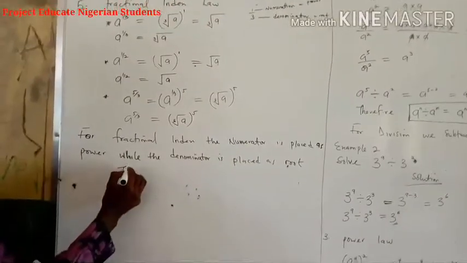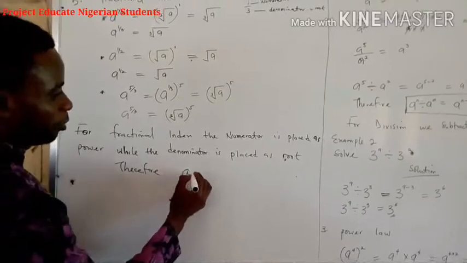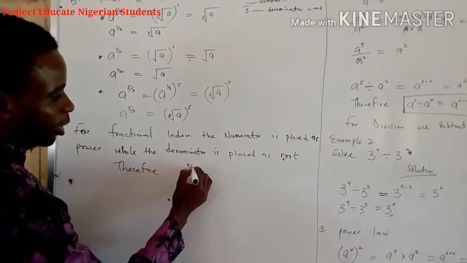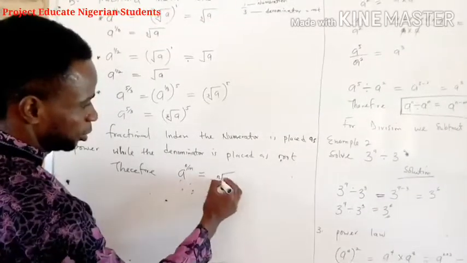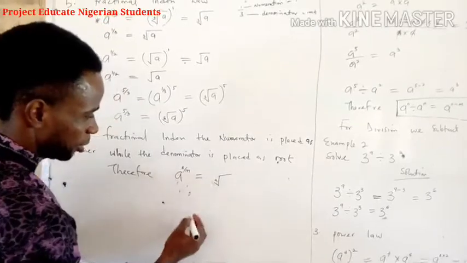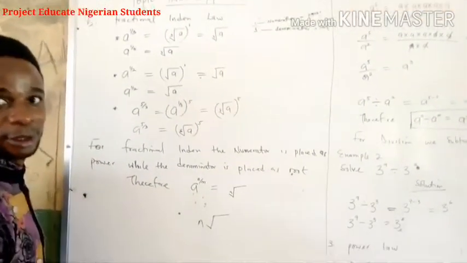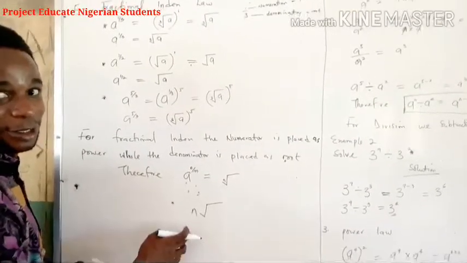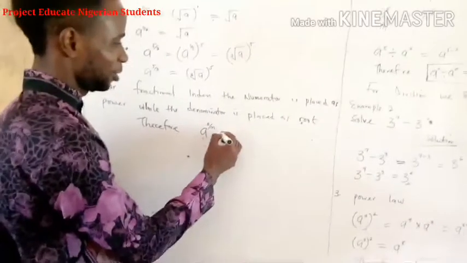So let me state the formula. When you have a raised to the power of m all over n, this is the nth root of a to the power of m. Put this n inside. When you are writing, don't write something like this. This is important.